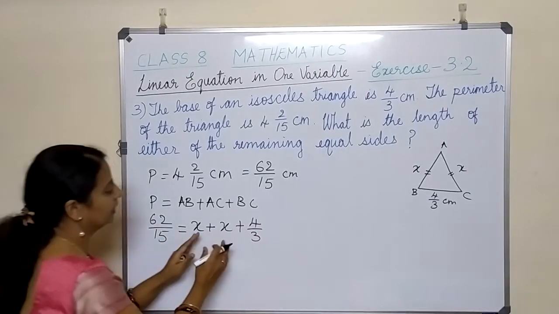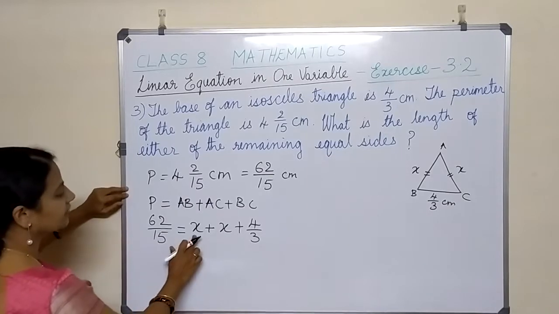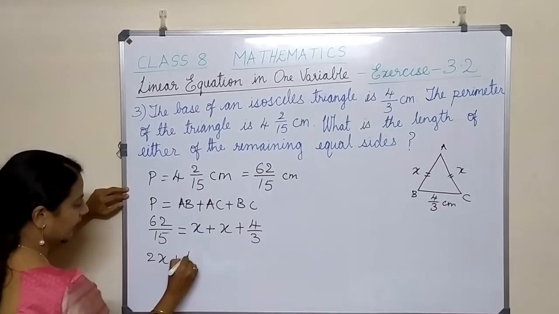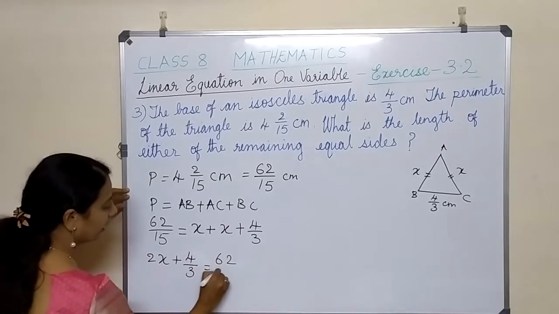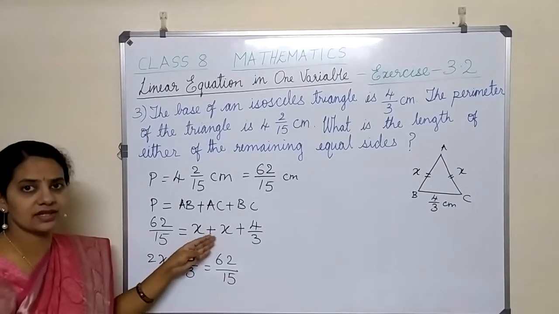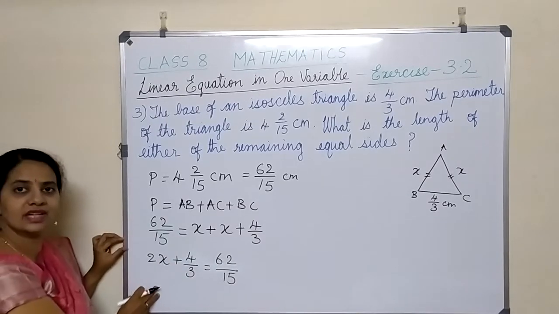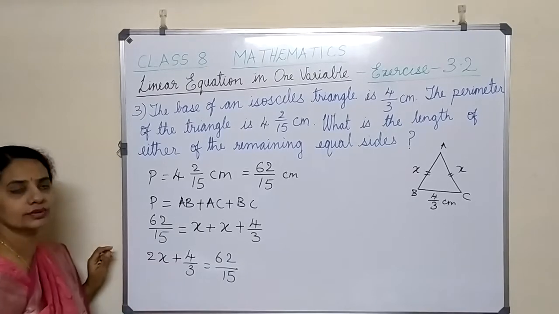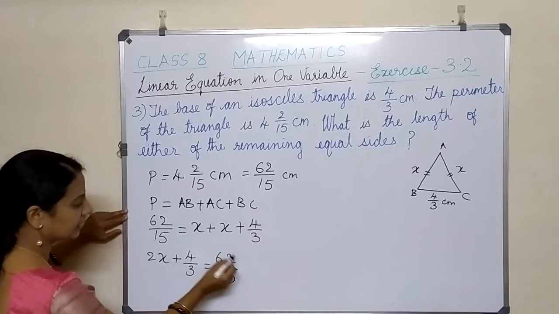Now for our convenience, we will take this to the other side. x plus x is 2x plus 4 by 3 is equal to 62 by 15. There is no harm if it is here itself in the RHS, but usually we keep the variables towards the left side so that it will be easy for us to solve. Now I'm going to transfer this 4 by 3 to the other side.